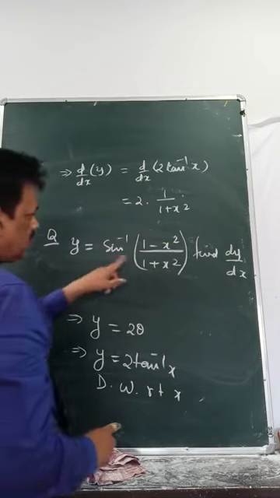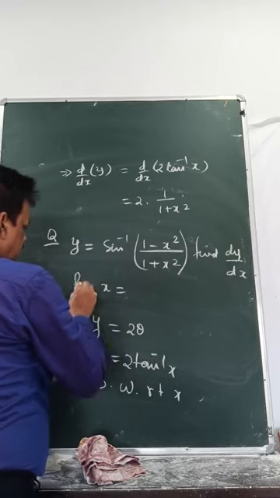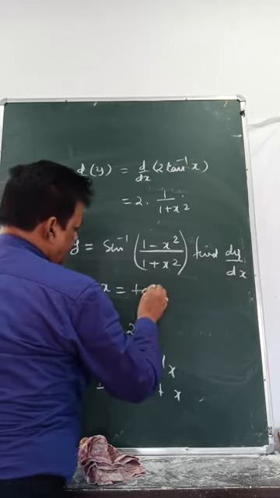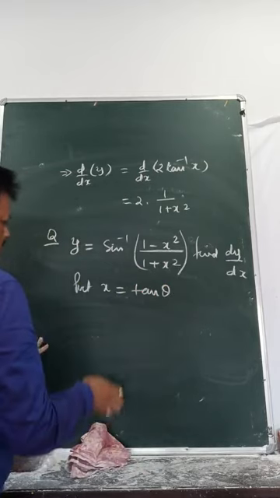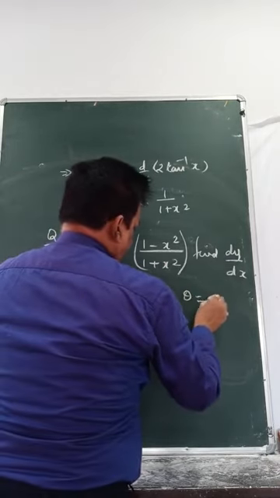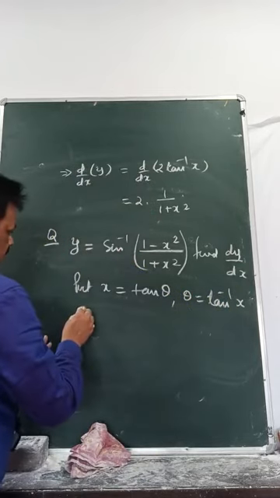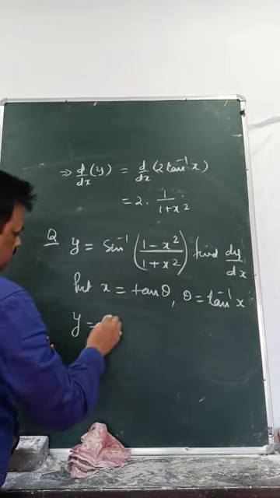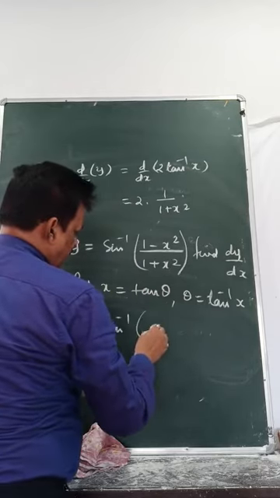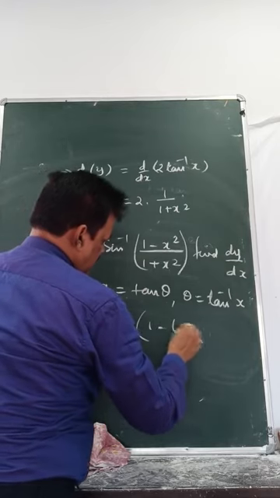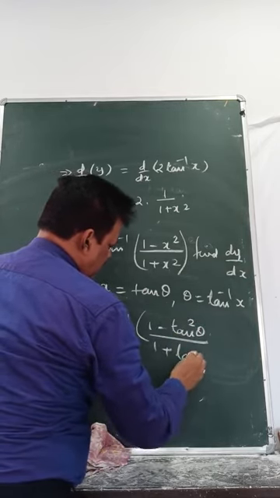It's a little twisted here. Put x equals tan theta, so theta will be tan inverse x. Now y equals sin inverse of 1 minus tan square theta by 1 plus tan square theta.